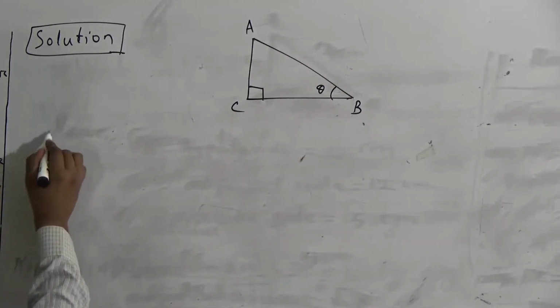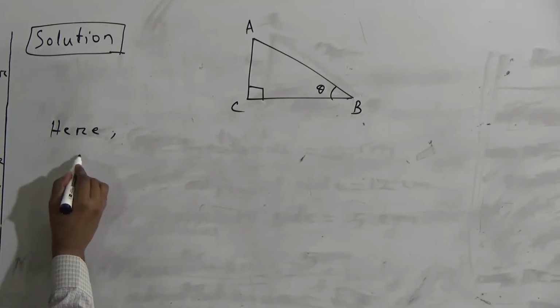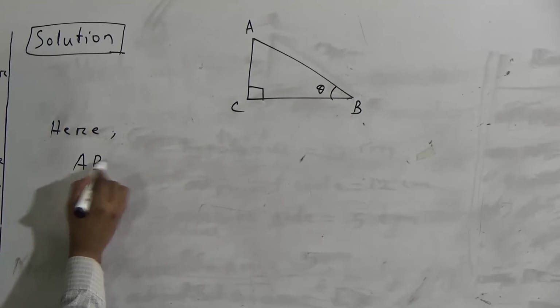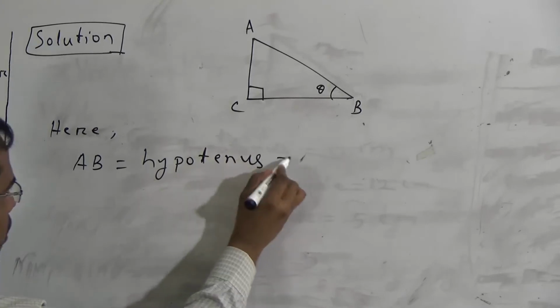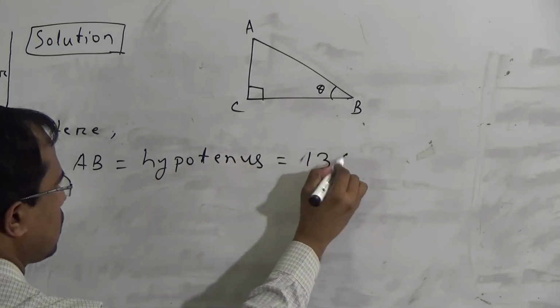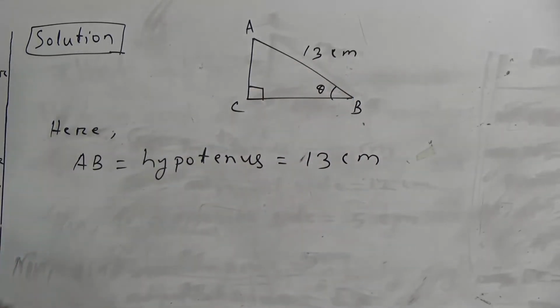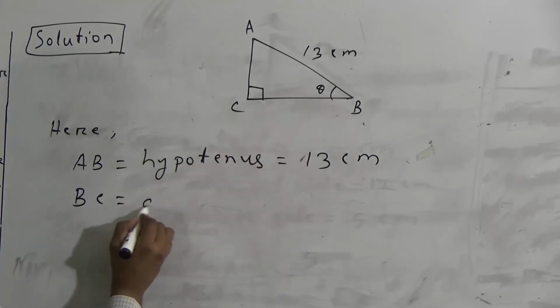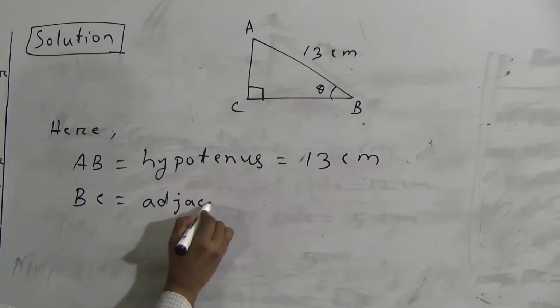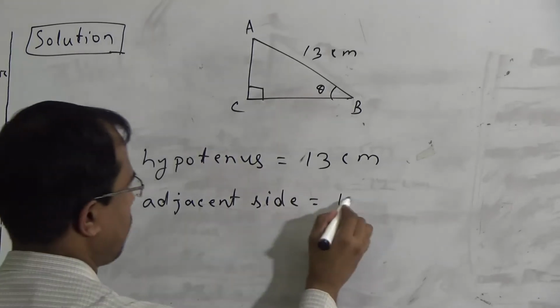Now here given that AB equal to 13 centimeter, AB means hypotenuse. This is 13 centimeter. And BC equal to 12 centimeter, this is adjacent side.